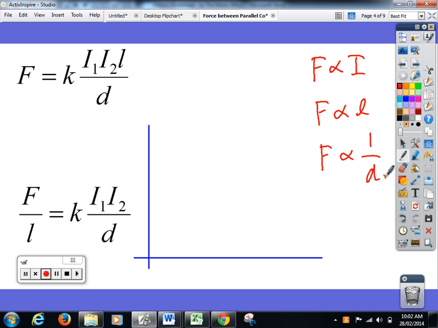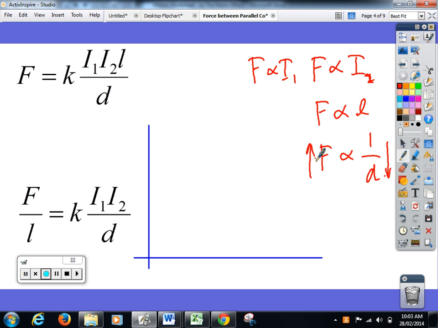So we know that if we increase I1, the force will go up. If we increase I2, the force goes up. Okay? You'll find that there are 4 proportionality statements that you can fill in. There's 2 for the current, one for I1 and one for I2. If the wires, the longer the wires run in parallel, the more total force, sum force on the wire. And the closer they come together, the greater the force. So as the distance goes down, the force will go up.